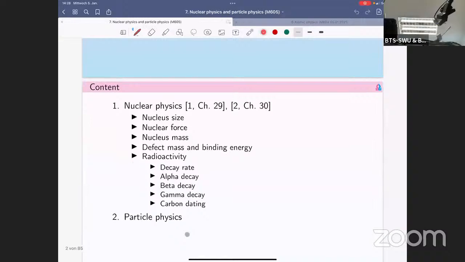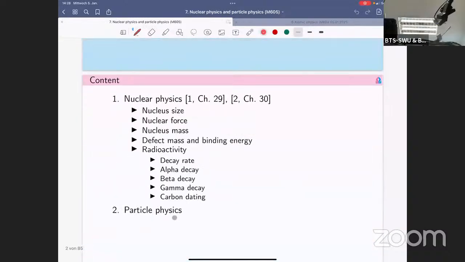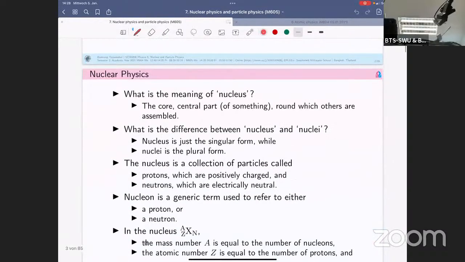Next one is particle physics. It's the story about elementary particles, and you could see already in the previous chapter the elementary standard model. Nuclear physics. What is that?